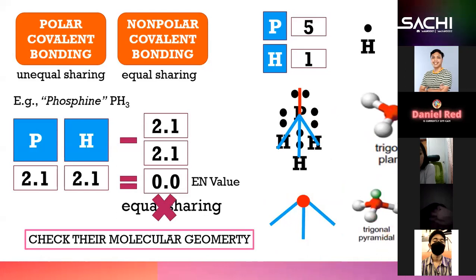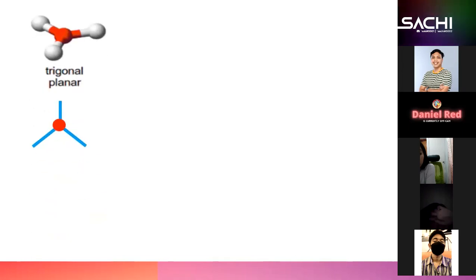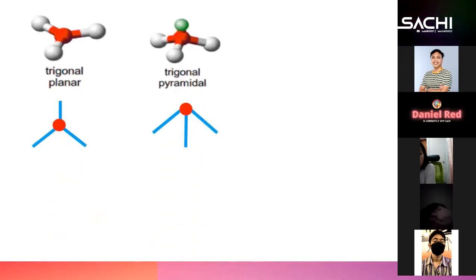If your answer is this, you are correct. The question is, why is phosphine a polar covalent bond? Let's have a review again. You have the trigonal planar and the trigonal pyramidal. The shape of phosphine is trigonal pyramidal instead of trigonal planar.